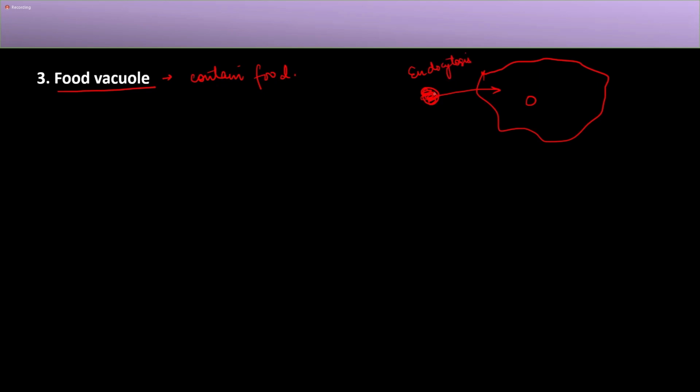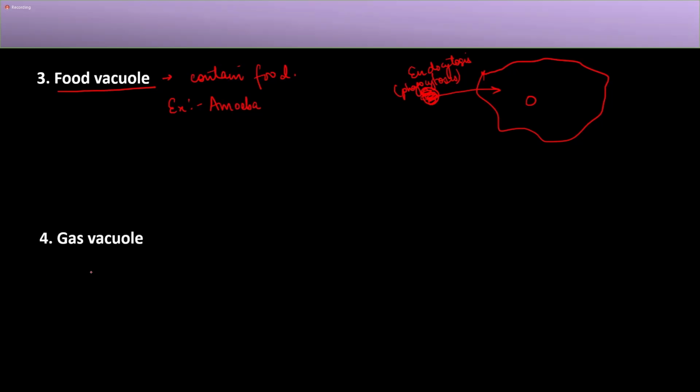And since it is a solid food, the process can further be called phagocytosis. So the amoeba takes the food via endocytosis, and it does so with the help of a food vacuole. So the example of an organism containing a food vacuole is amoeba.